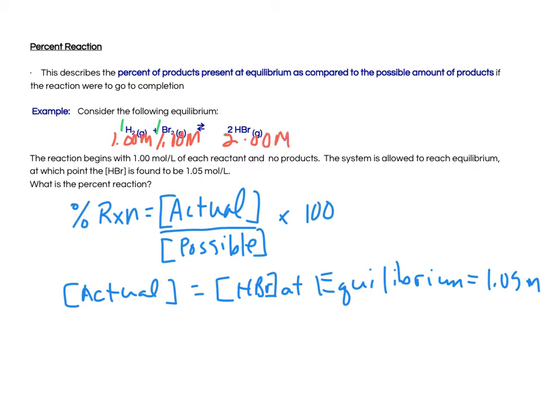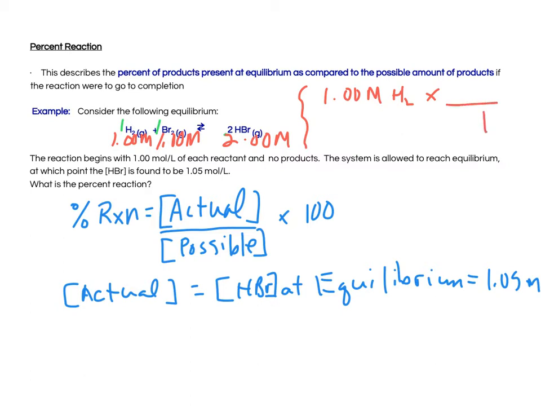But just in case a situation arises where the mole ratios aren't as convenient as this, let's see how we would work that out. Well, I know that I have 1.00 mole per liter of H2. I'm going to use H2 in this circumstance, but I don't want moles of H2. I want moles of HBr.